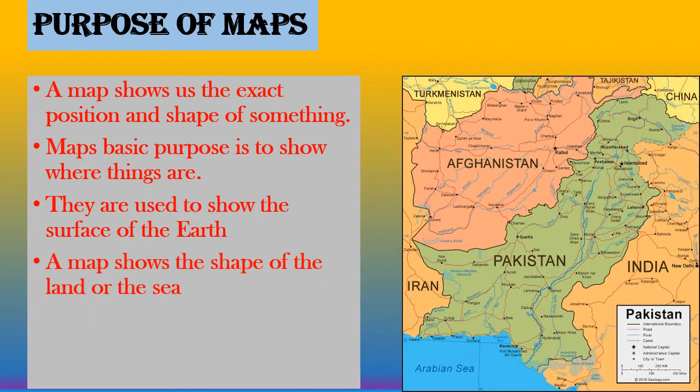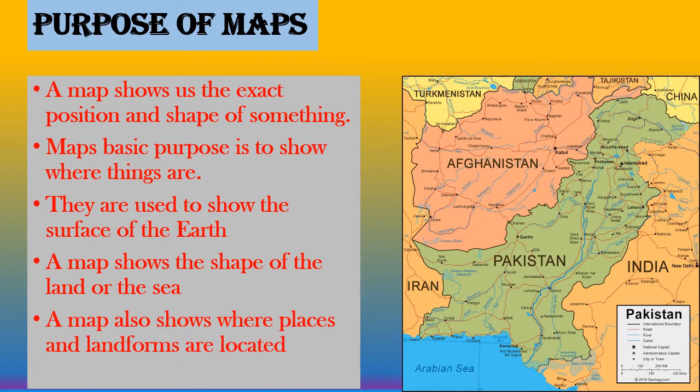A map shows the shape of the land or the sea. A map also shows where places and landforms are located. So, maps help you to travel from one location to another. They help you organize information.